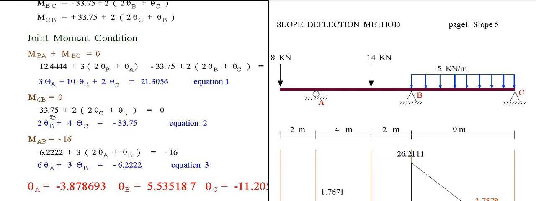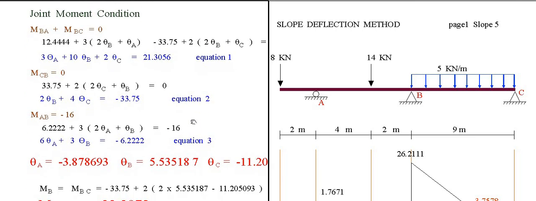Copy this. 33.75 plus 2 times 2 theta C plus theta B. Then follow the order alphabetically. We have 2 theta B, then theta C is 4 theta C. Then the constant positive here, transfer to the right of the equation, it becomes minus 33.75, and this is equation 2.